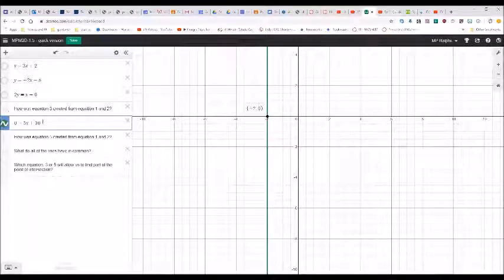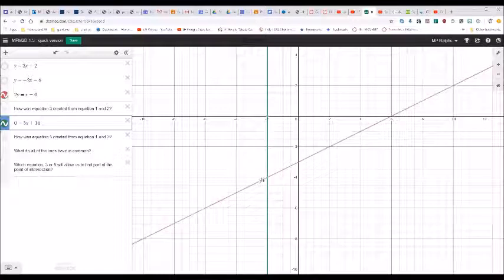So by rearranging this equation, I can algebraically find the value of x, which is negative 2. And that is confirmed by looking at the graph of that vertical line. And then from there, I could take that negative 2, substitute it into 2y equals x minus 6, and get this point of intersection, negative 2, negative 4.